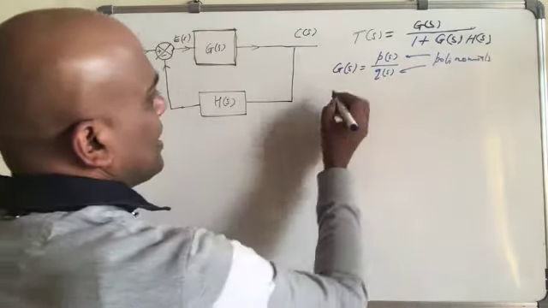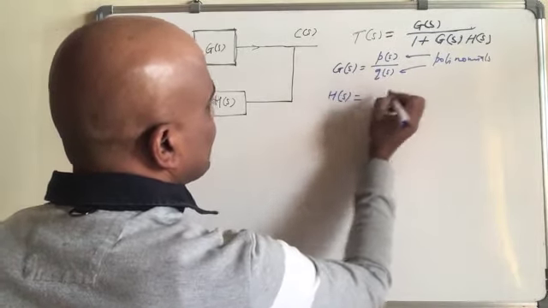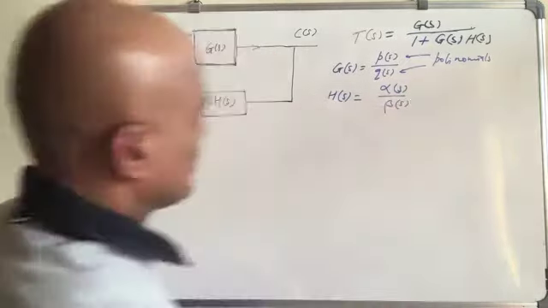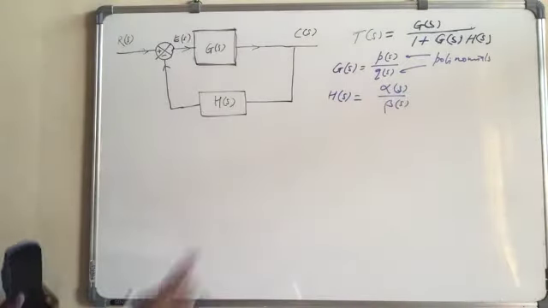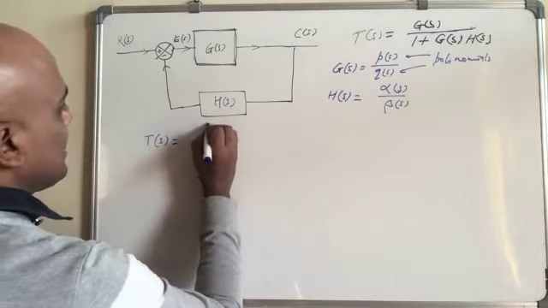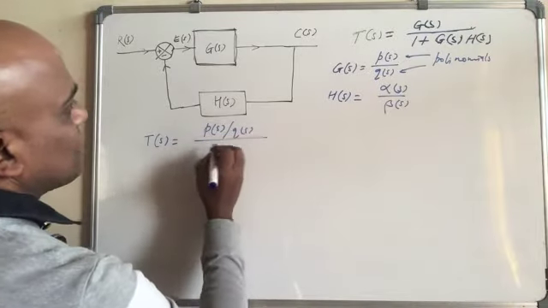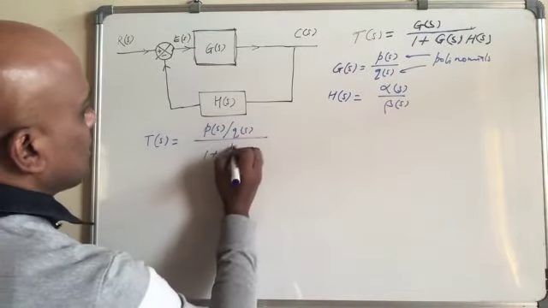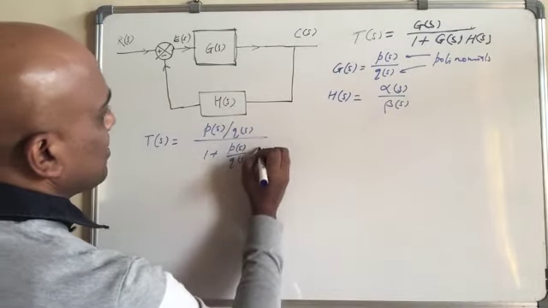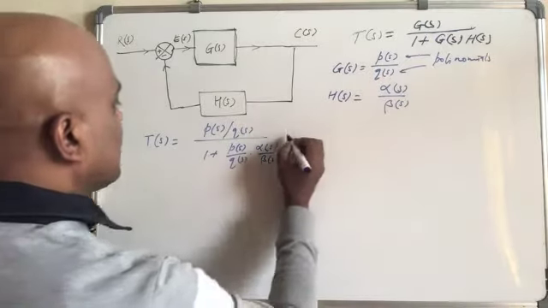And then H(s), let us say we call it alpha(s) divided by beta(s). So how does the transfer function T(s) look? T(s) equals P(s) over Q(s) divided by 1 plus P(s) over Q(s) multiplied by alpha(s) over beta(s).